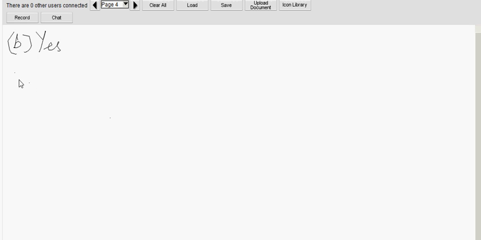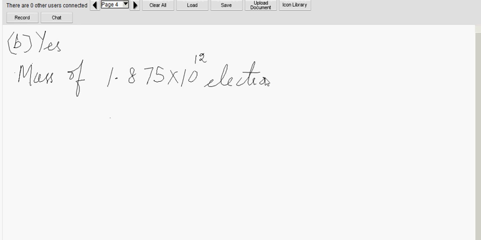Calculate, and you will get it as 1.71 into 10 to the power minus 18 kg. That mass has transferred from wool to polythene.